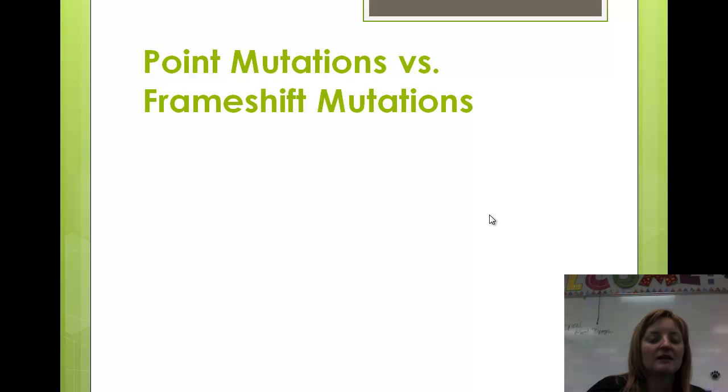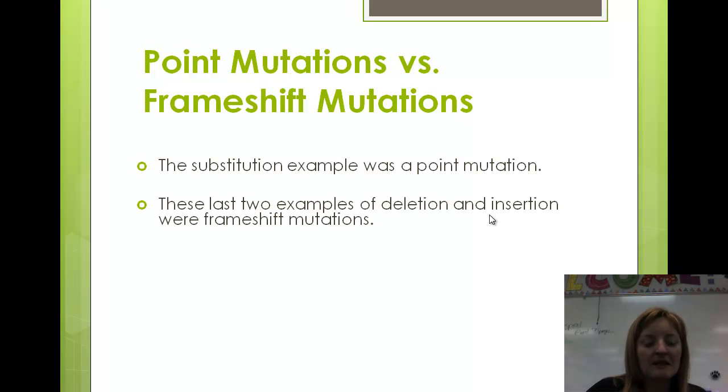All right. Now, the mutations can be put into two different categories: point mutations and frame shift mutations. A substitution is a point mutation because it only affected one nucleotide and not the rest of them, so it was less of a big deal.